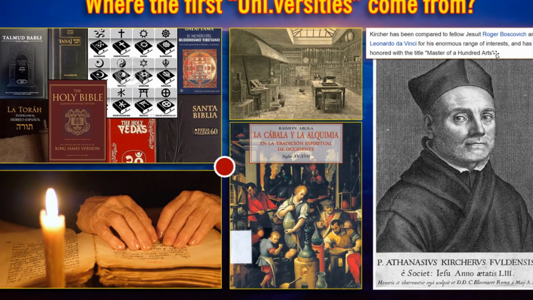So, all the time in history books, you're going to have the information about Leonardo da Vinci or Roger Boscovich, but nobody names this guy, who supposedly has the same abilities, the same skills, as those other two guys.